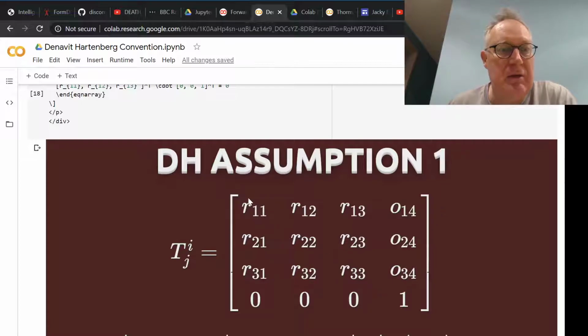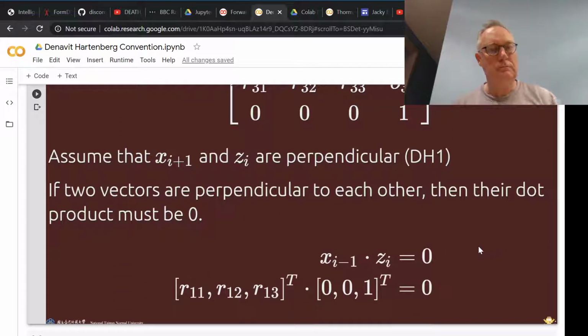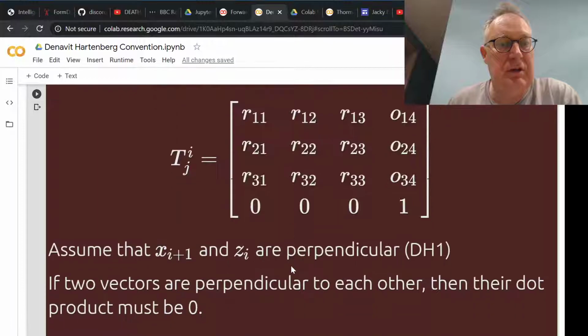If I multiply by the x vector, I will only get the first column of the rotation matrix, R11, R21, and R31. So that's our previous x vector multiplied with our rotation matrix, right?